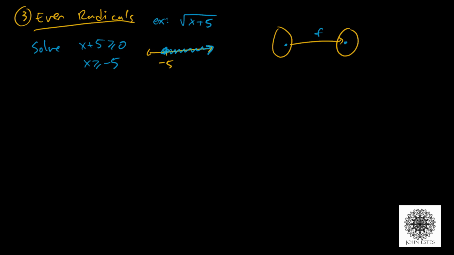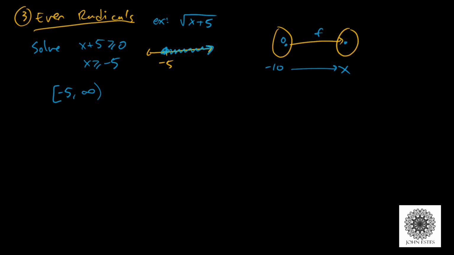But anything less than negative 5, for example negative 6, would be outside my domain. If I plug in 0, I'm going to get a valid output. If I plug in negative 10, then I don't get anything over here. As a set, my domain would be written as negative 5, with negative 5 included, up to infinity.